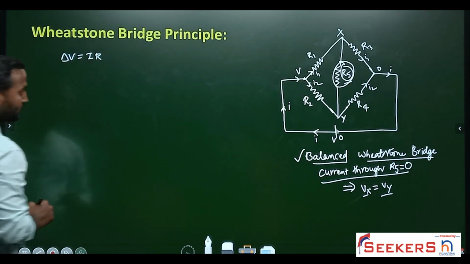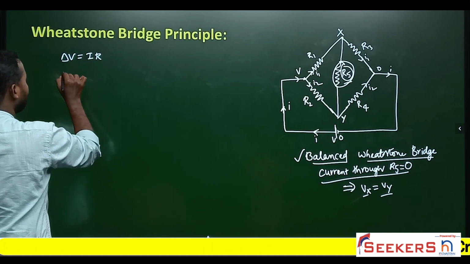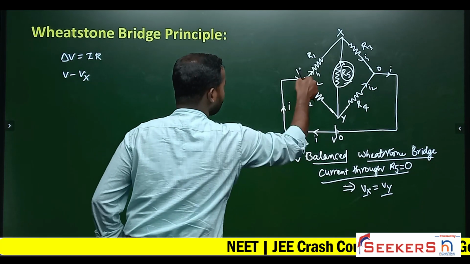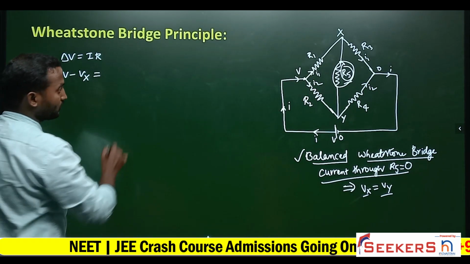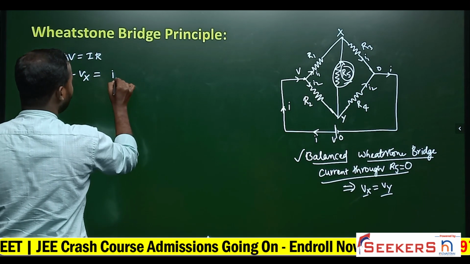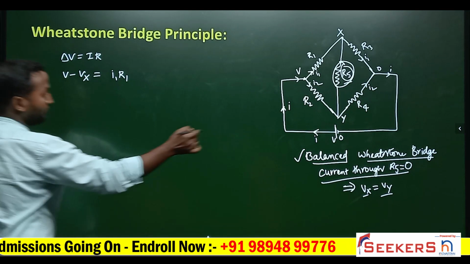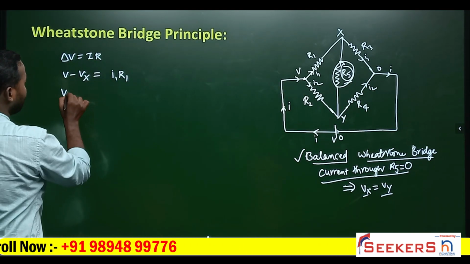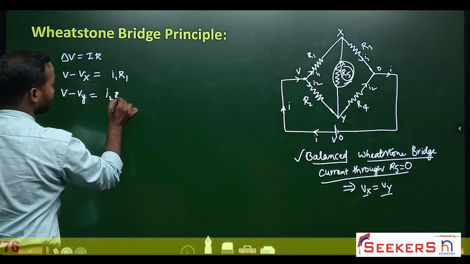Now if I apply Ohm's law in this branch, V minus Vx is the potential drop between these two ends of a resistor. The current passing through it is I1 and the resistance is R1. In this branch, I will get V minus Vy is equal to I2 R2.